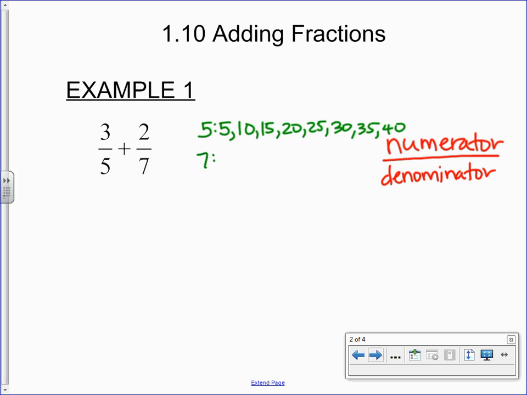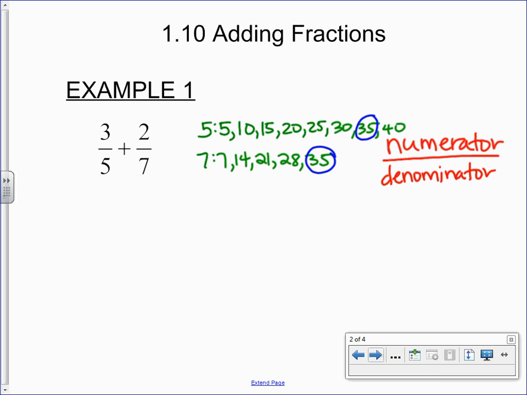So if I count by 7s, I get 7, 14, 21, 28, 35, and I notice that both 5 and 7 go into 35.